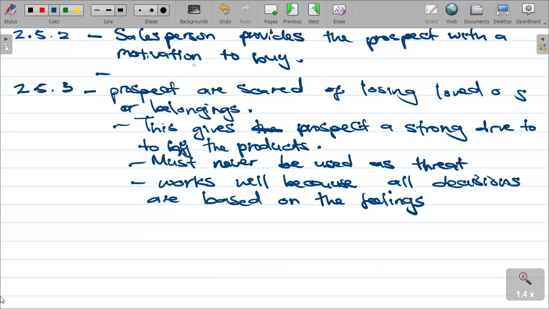Right. So the emotional closing is used only after other methods have failed. So it is used after all methods have failed.